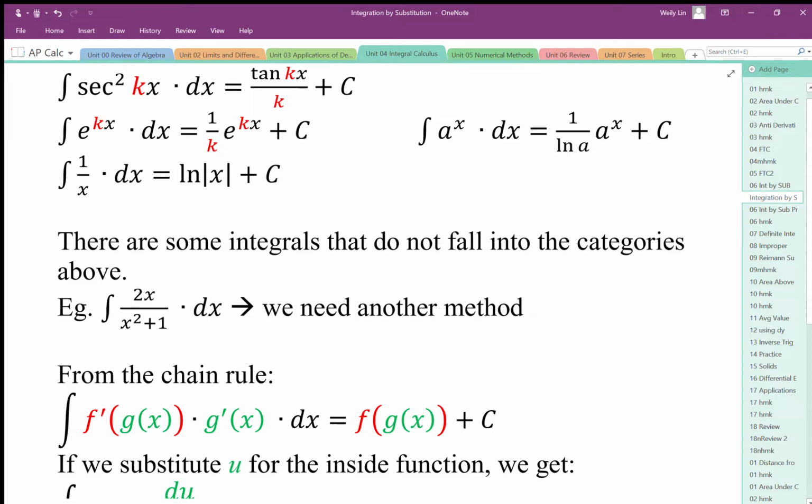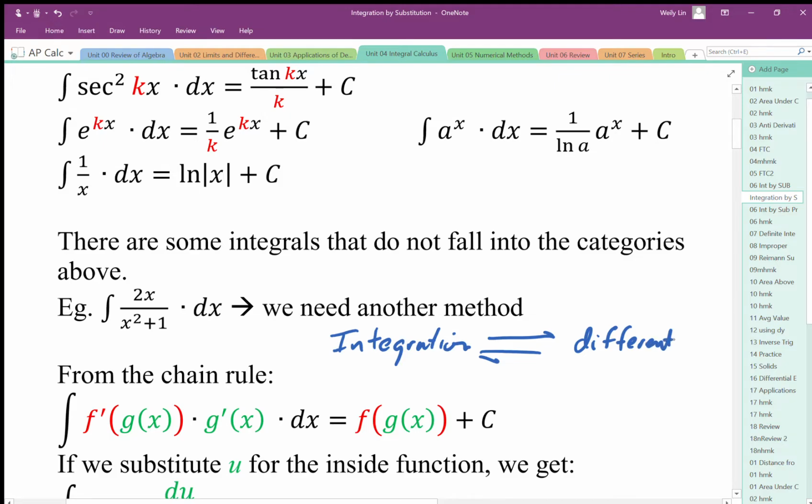And one of the strategies that we can look at comes from the chain rule. It's basically undoing the chain rule. If you remember from the fundamental theorem of calculus, integration and differentiation are opposites. Okay, one undoes the other.